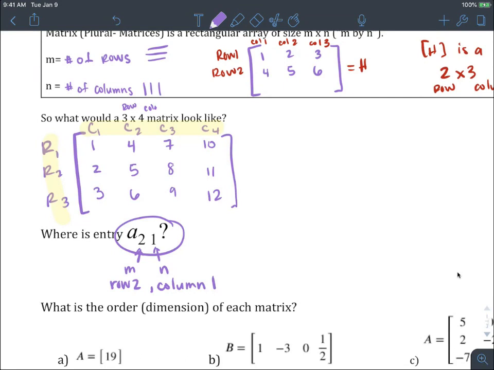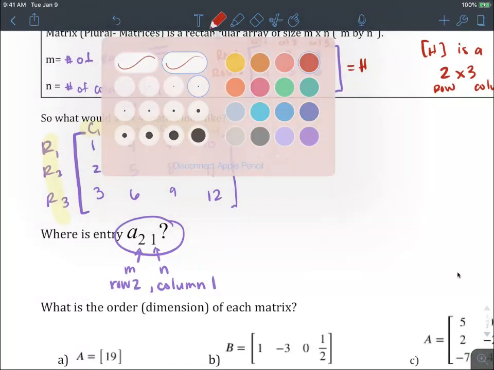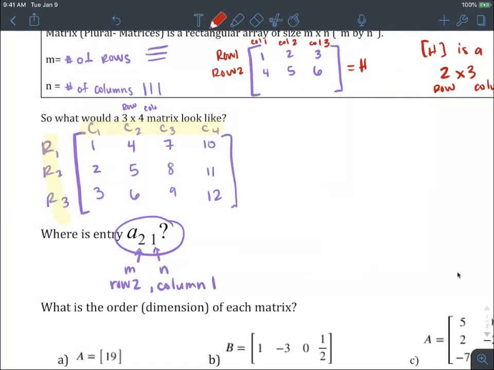If I'm looking, row 2 would be here, column 1, that's here. So the entry A21 is equal to 2. Each number in your matrix is called an entry.